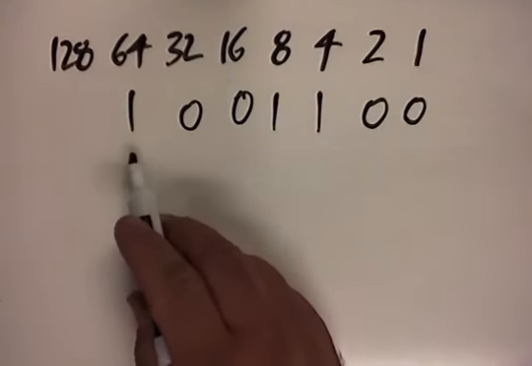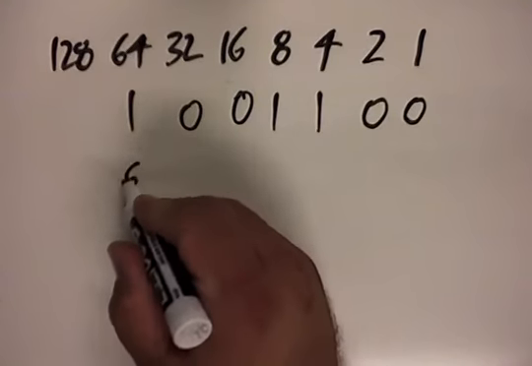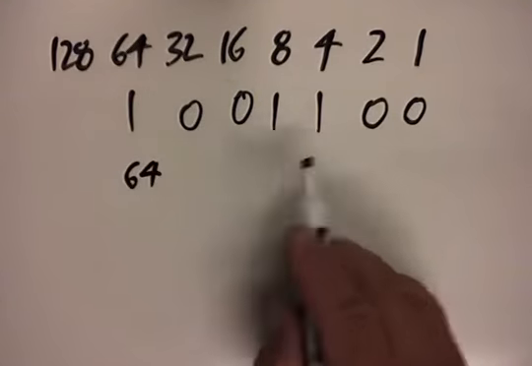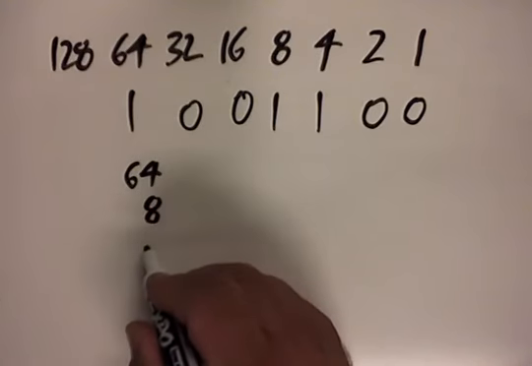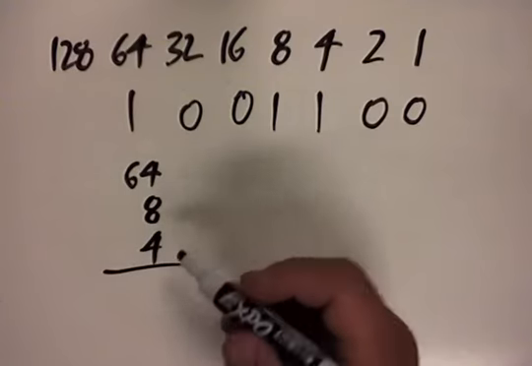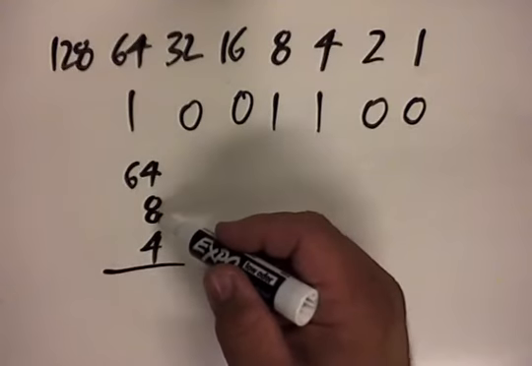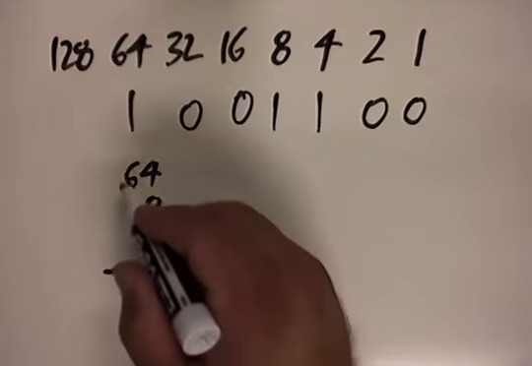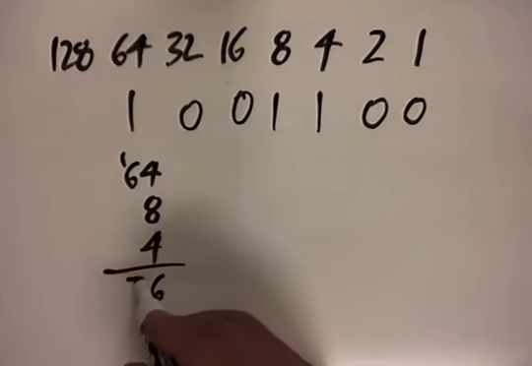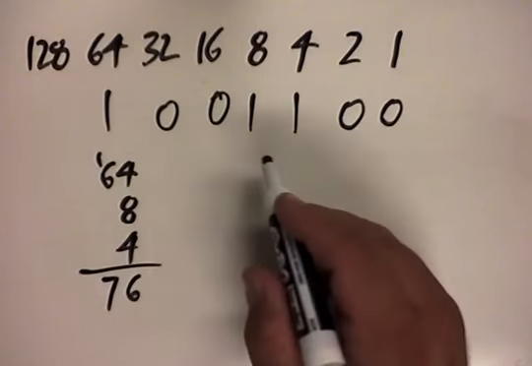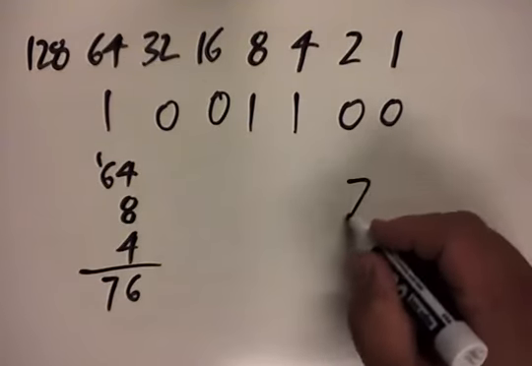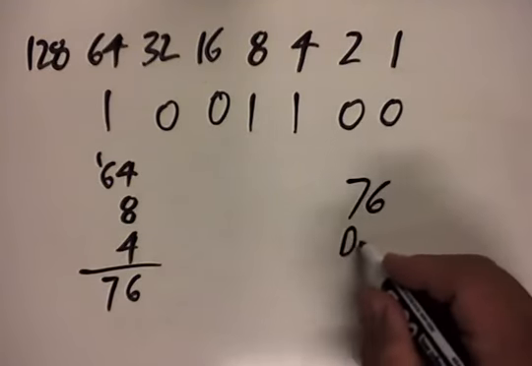This time we're going to take our 64 place plus 8 plus 4. So 64 plus 8 plus 4. All right, so 8 plus 4 gives us 12, 64 plus 12 is 76. Okay, so this number here, 1001100, is the decimal equivalent of 76.